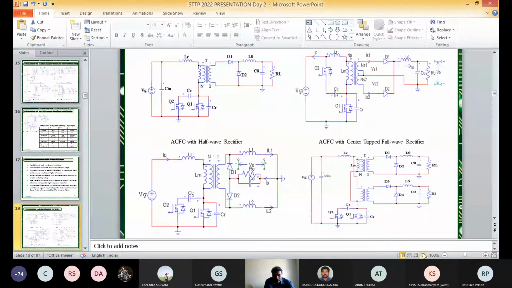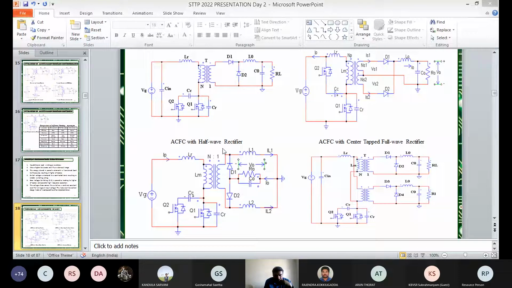And in the active clamp also there are different configurations. One is the active clamp forward converter with the half wave rectifier, and the active clamp forward with the center tapped, to get various ranges of output voltages in the load. Here we are using different configurations for the active clamp resetting technique for the forward converter. On the output side, that means the secondary side of the converter, we are trying to increase the voltage values.